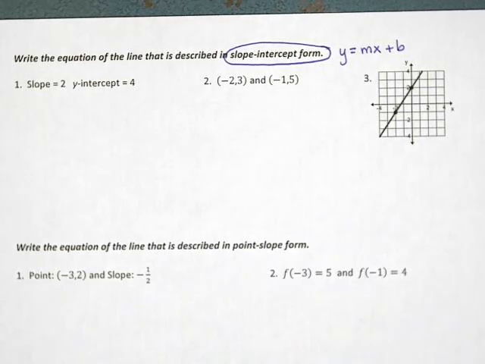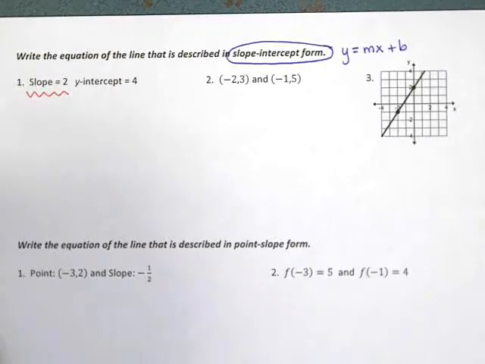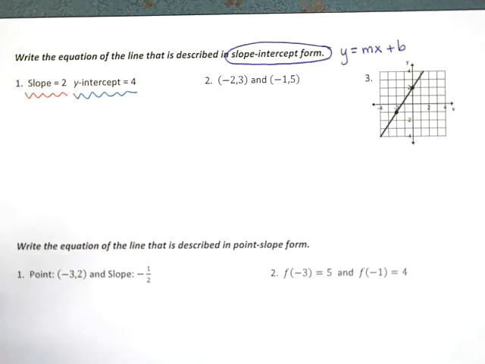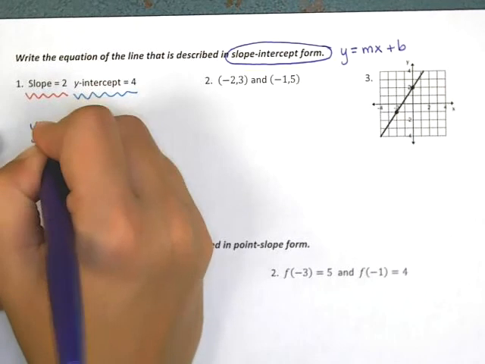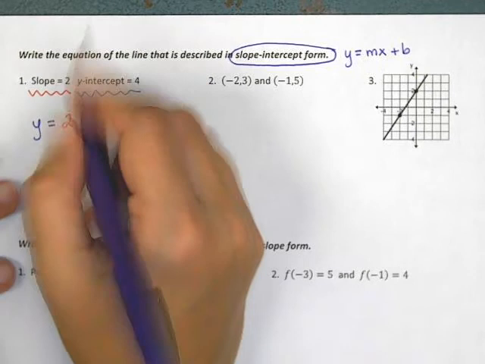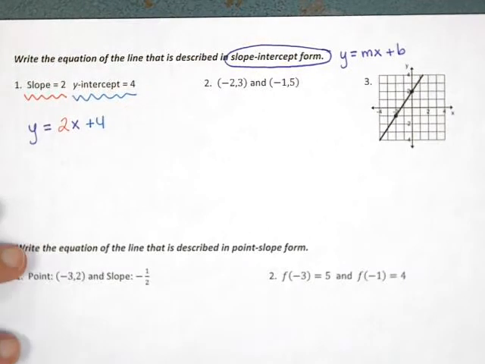I'm not going to tell you that that's what that means. You need to know those vocabulary words. So for problem number 1, where it tells me the slope and it tells me that the y-intercept is 4, I can just plug those numbers into the equation. So y equals 2, which is the slope, x plus 4, which is the y-intercept.